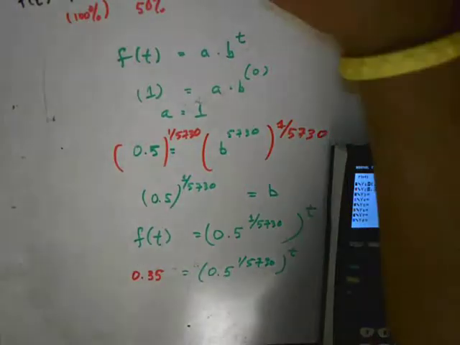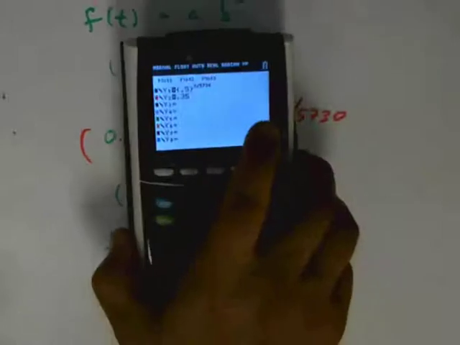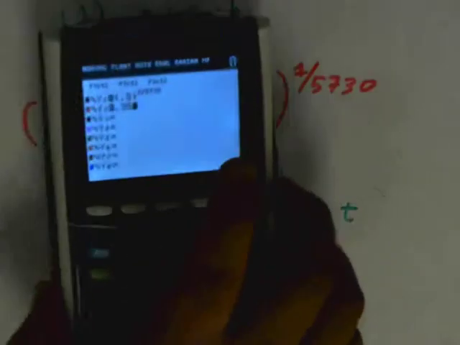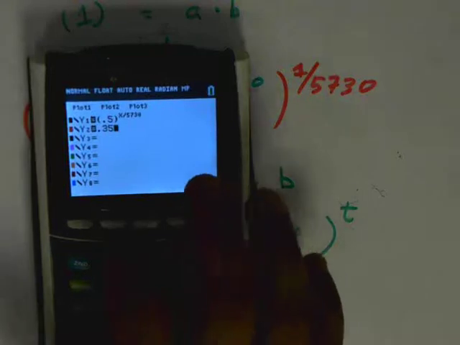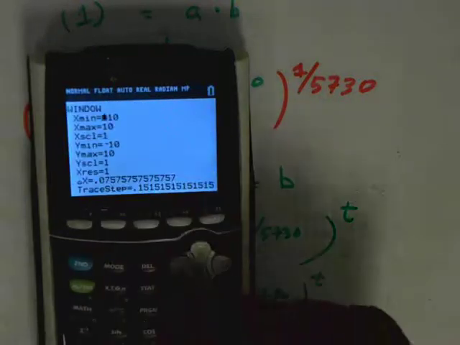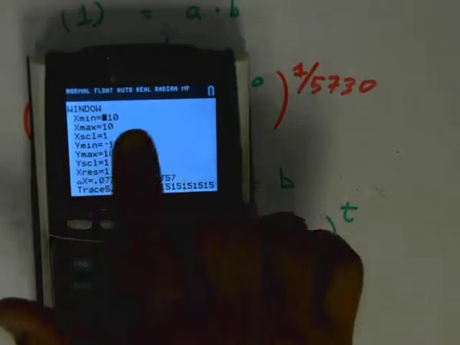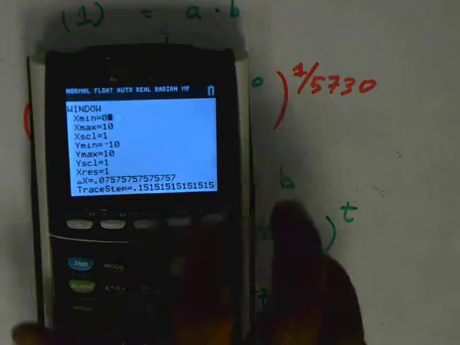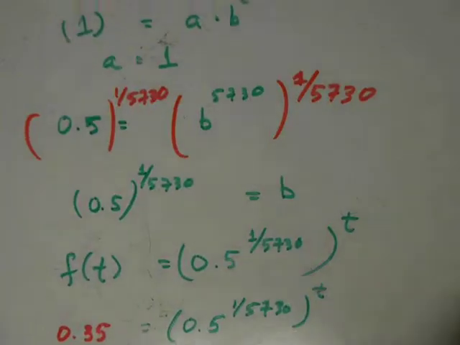Now let's think about our window here. That's always the tricky business when we have to deal with graphing. Well, remember that x represents time. So time is going to start at 0, and it's going to go how high?